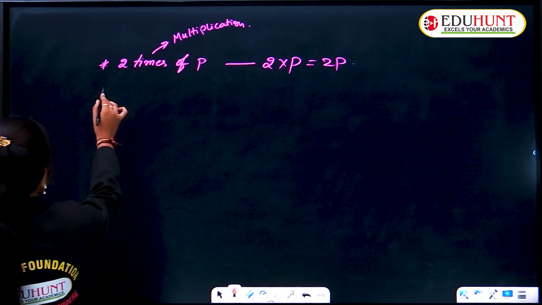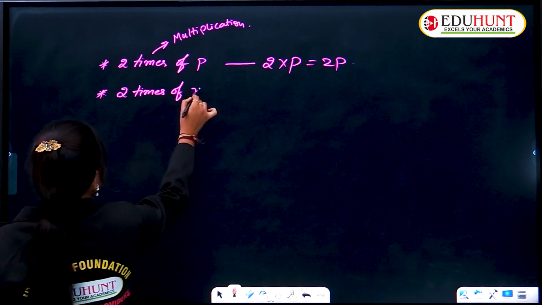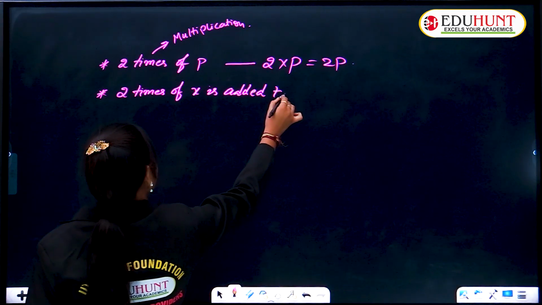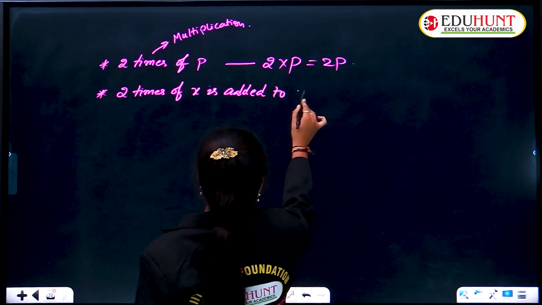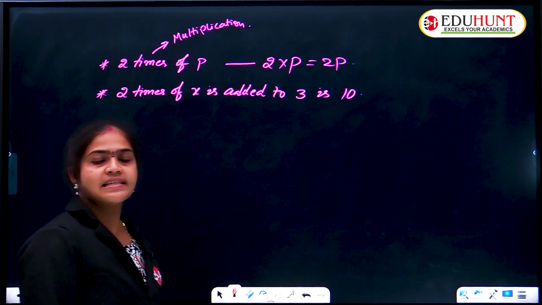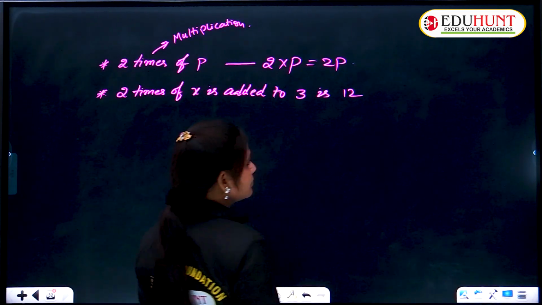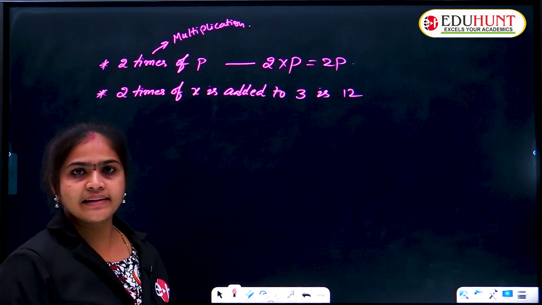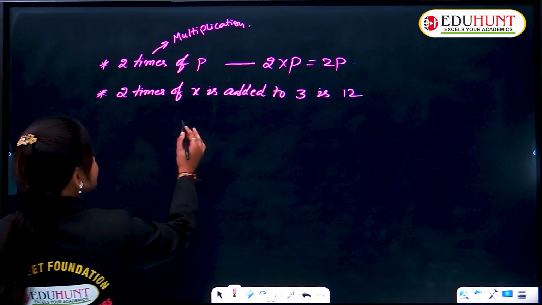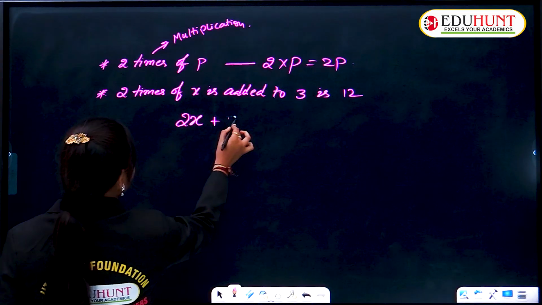Understood? Next, in the same way: 2 times of X is added to 3 is 12. What is 2 times of X? It is nothing but 2 into X, which is 2X, added to 3.